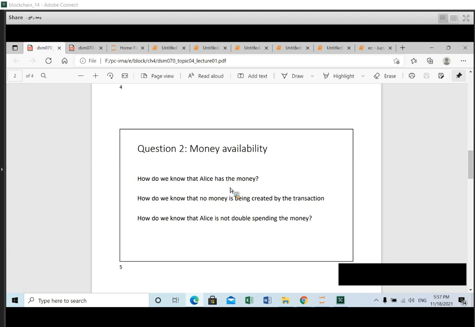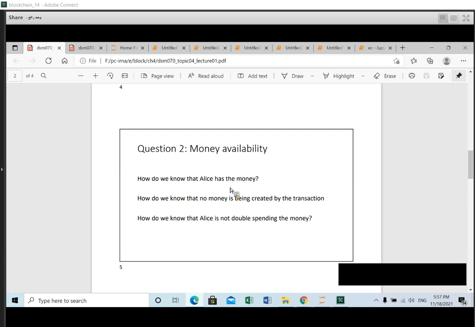Money availability. How do we know that Alice has the money? Okay, it depends on the cryptocurrency. In a cryptocurrency like Bitcoin, the network keeps track of every unspent transaction for every address. So since the network keeps track of the unspent transactions, the network knows how much money everybody has.